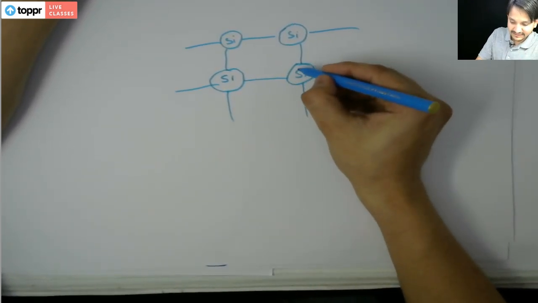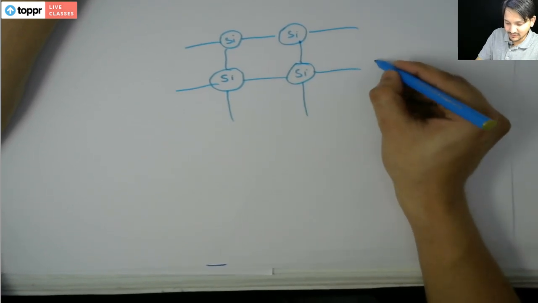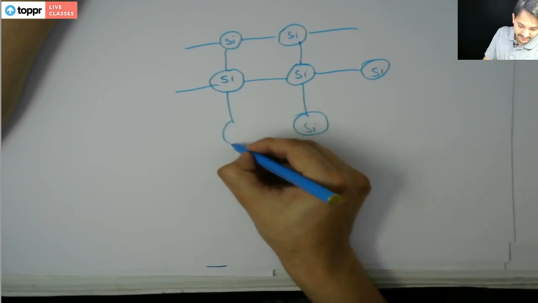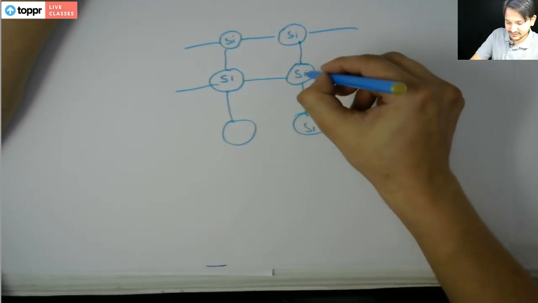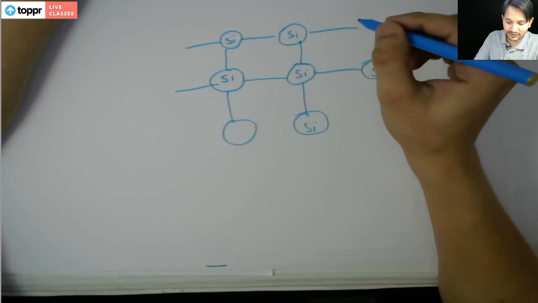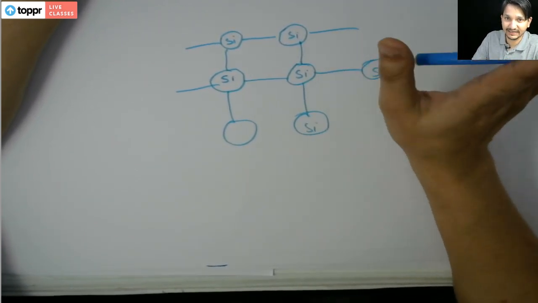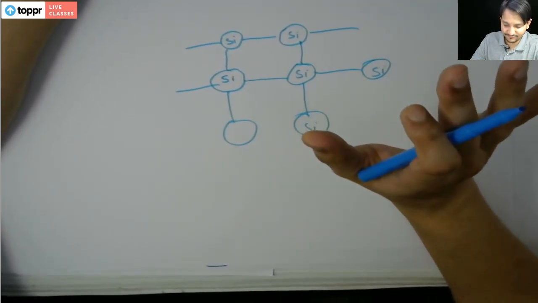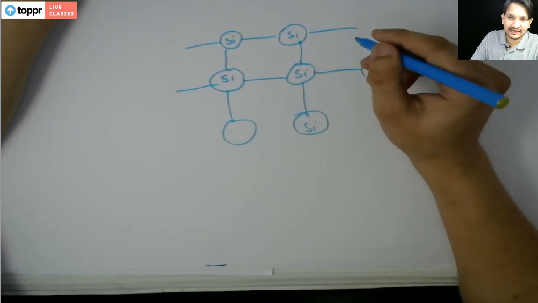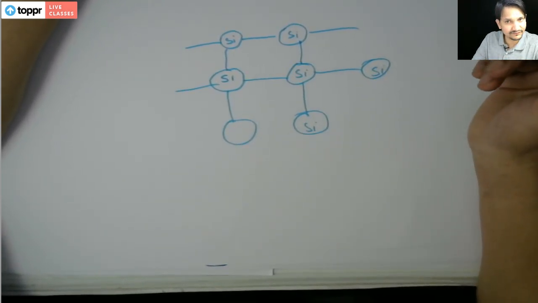This silicon shares 1 electron with each of its 4 neighbors, so one silicon is attached to 4 silicons in its neighborhood, and they share the electrons such that each has its octet completely. That means they have a full outermost shell. So that's why the electrons are not so easily available for conduction.